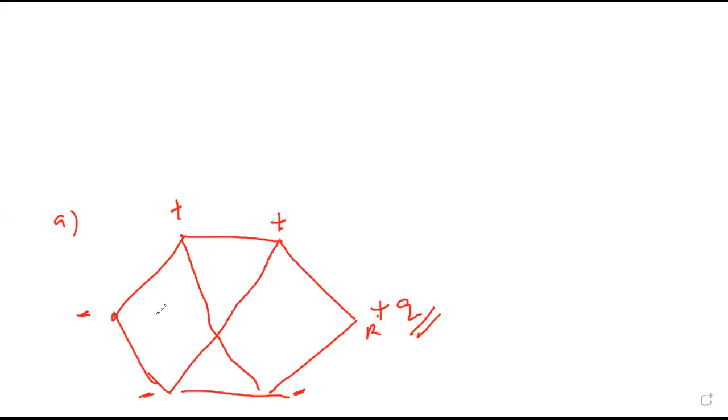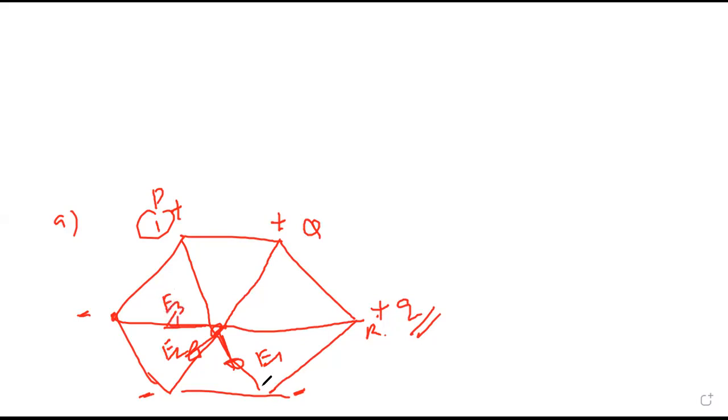Direction based sum, trial and error one. This is the first one, that is P. If it is positive, this will be E1. If this is positive, this will be E2. And if this is positive, this will be E3. If this is negative, this will be E4.